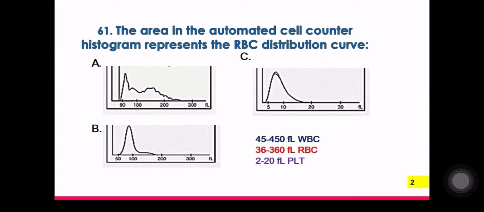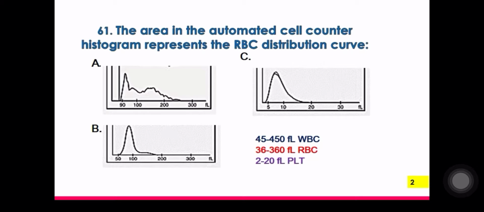RBC histograms represent cells counted in the RBC dilution in the size range of 36 to 360 femtoliter, which are sorted and plotted as frequency against cellular volume. Platelet histograms represent cells in the RBC counting bath that are in the size range of 2 to 20 femtoliter.